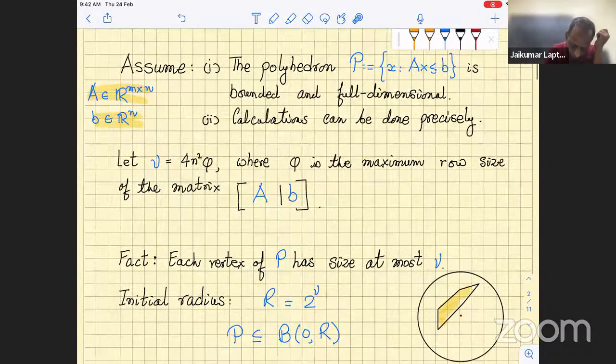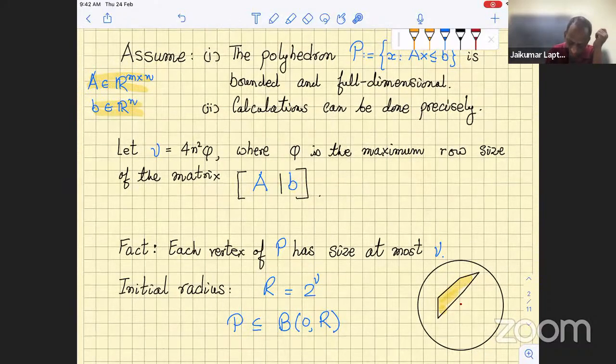So let us assume that we look at this matrix and look at the row size. By row size, I mean there is a formal definition, but we will not bother too much about that.